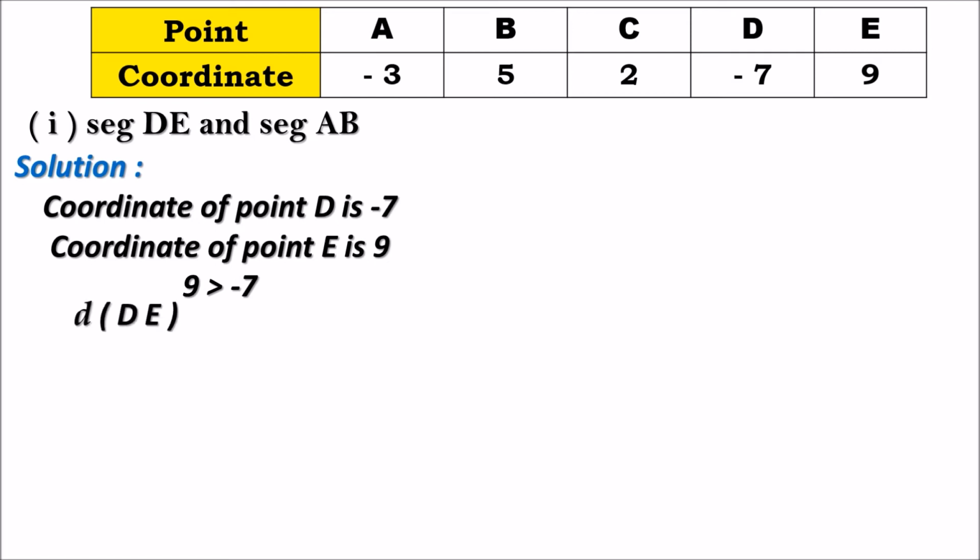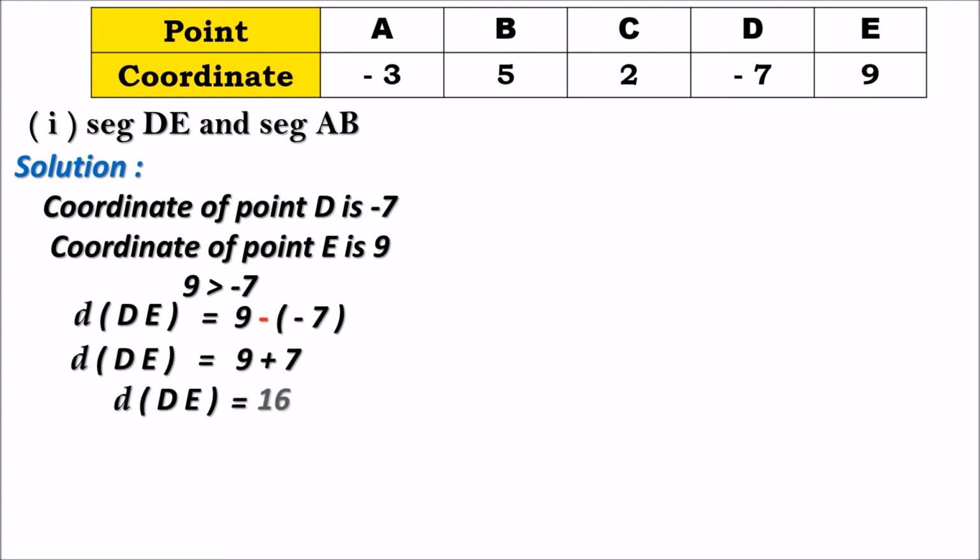Therefore distance DE equals greater coordinate minus smaller coordinate. So the greater coordinate is 9 minus -7. Now minus into minus is plus, so it will be 9 plus 7. So distance DE equals 16.